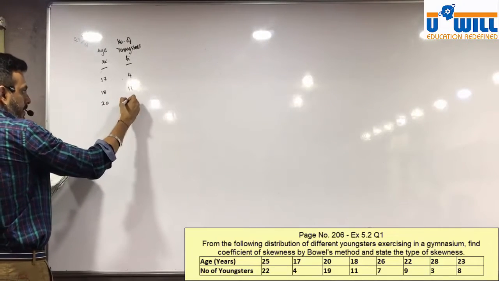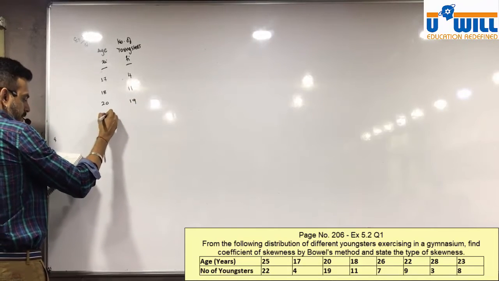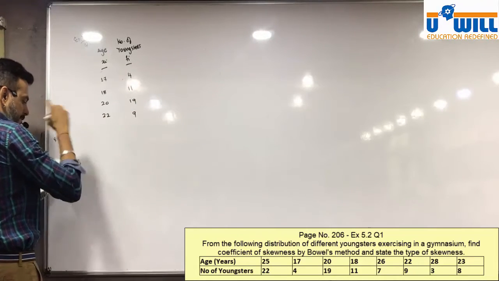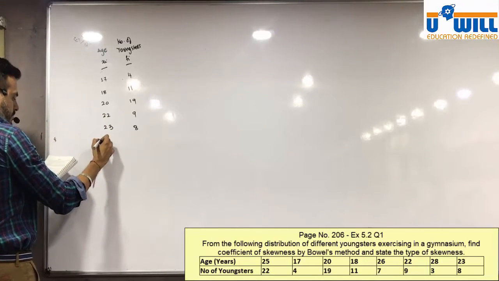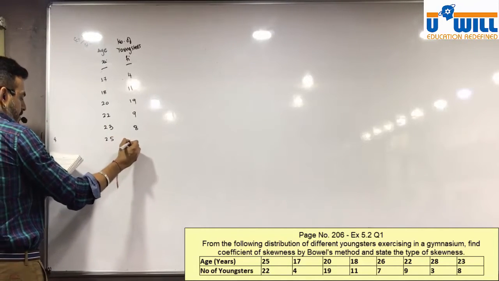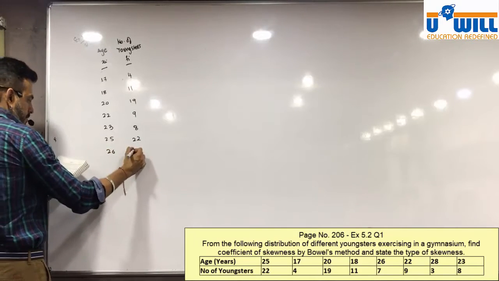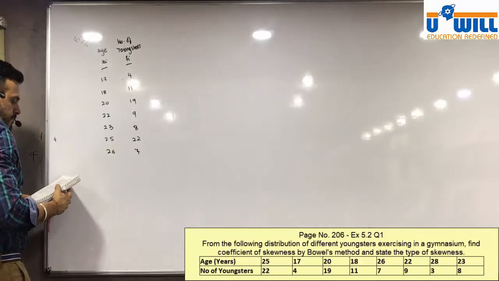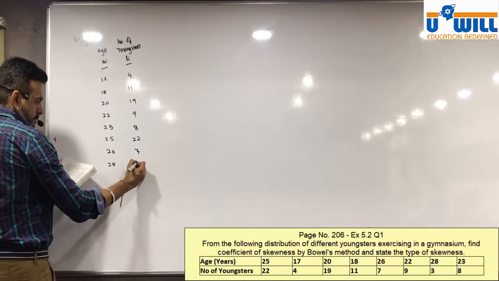Then we have 20, 19, 22, 9, 23, 8, 25, 22, 26, 7, 28, 3.